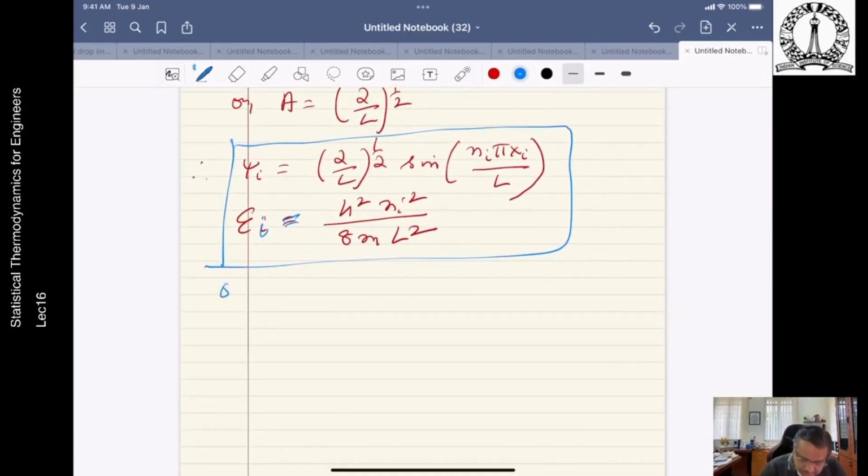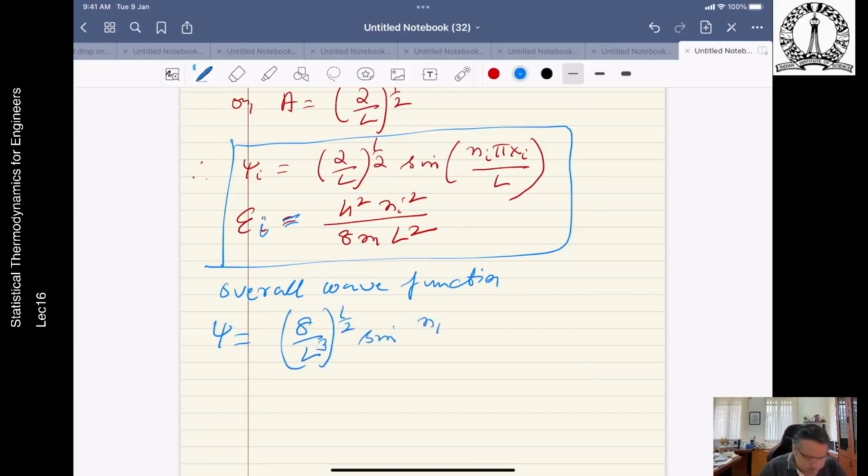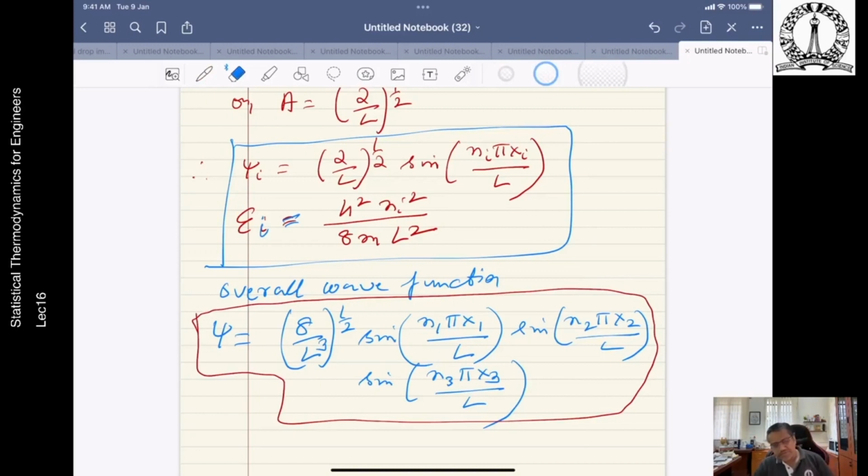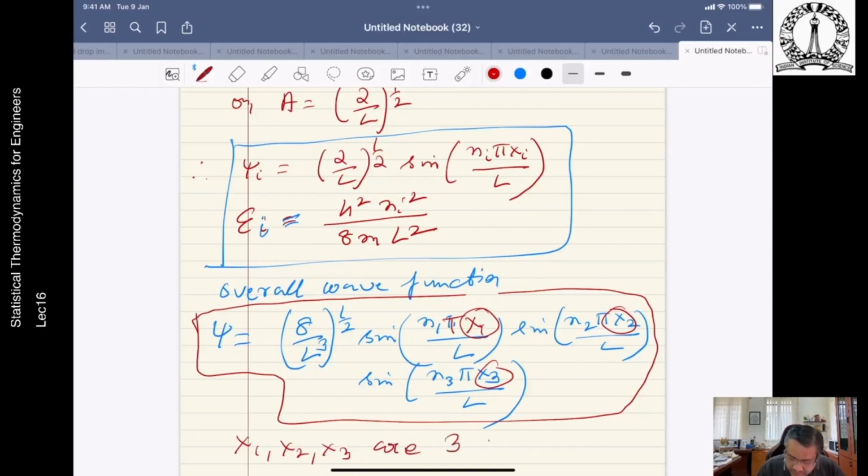So the overall wave function, psi, is basically the product of all of these: sine of n1 pi x1 over L, where x1 is like your x, multiplied by sine of n2 pi x2 over L, multiplied by sine of n3 pi x3 over L. This is the total wave function, which involves three coordinates, x1, x2, x3, the three coordinate systems.